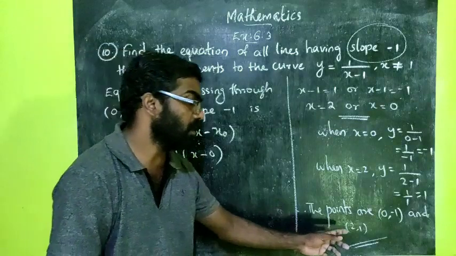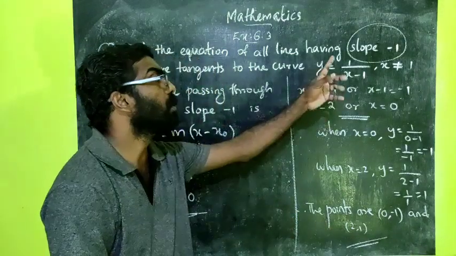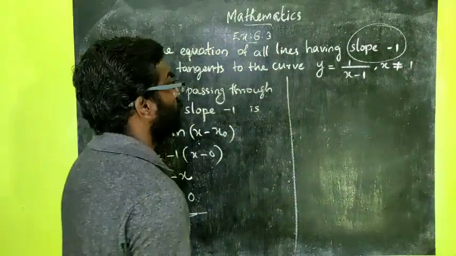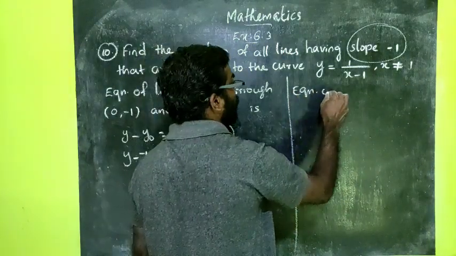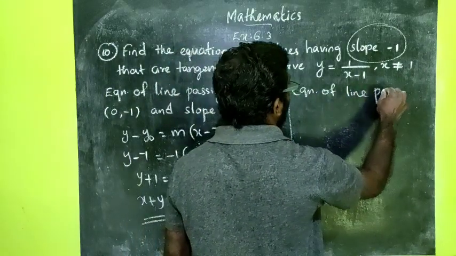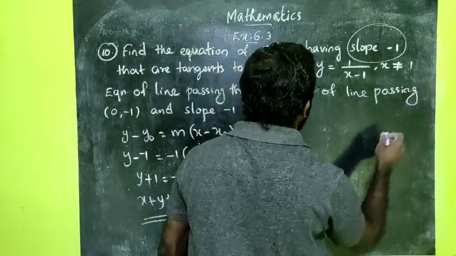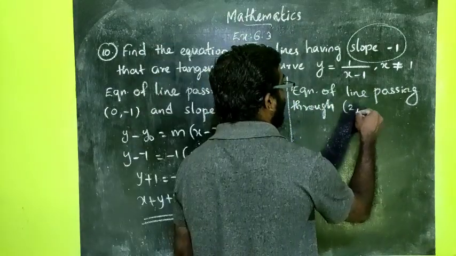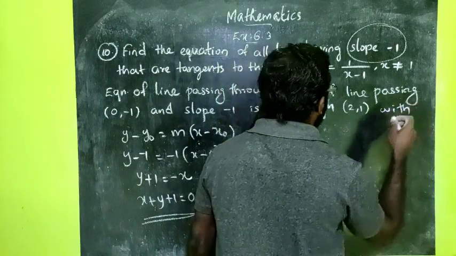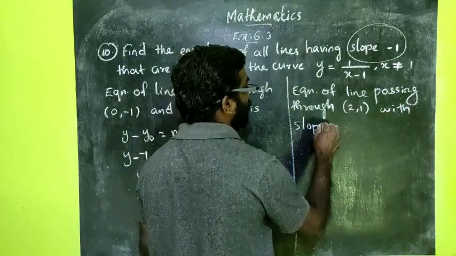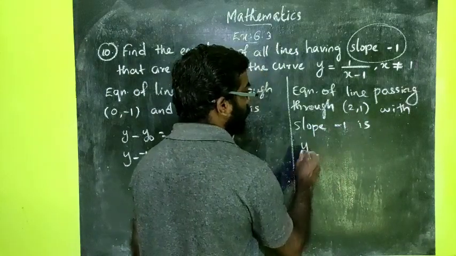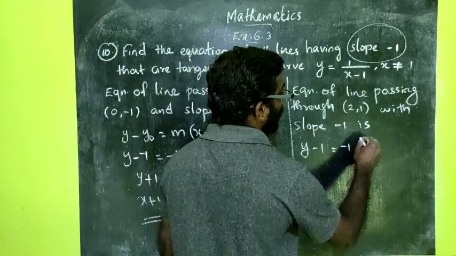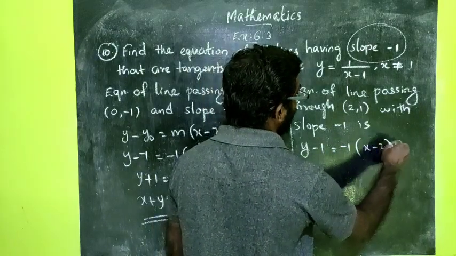Now we have to find the equation of line passing through 2 comma 1 with the slope minus 1. The equation of line passing through 2 comma 1 with the slope minus 1 is y minus y0, that is y minus 1, is equal to m, which is minus 1, into x minus x0, x minus 2.